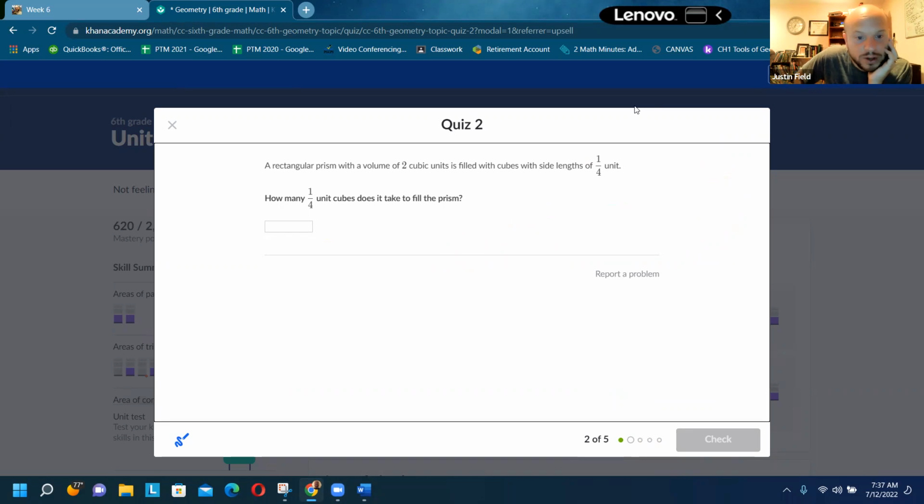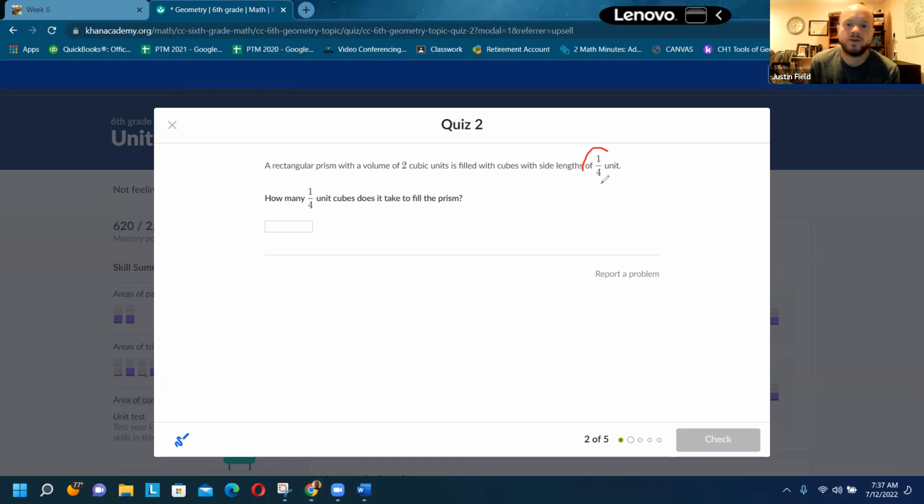A rectangular prism with a volume of 2 cubic units is filled with cubes with a side length of 1/4. Oh, no. Okay, so when we're filling things with unit cubes, that's the volume. And then you can fill them with smaller cubes, but it's going to take more, right?